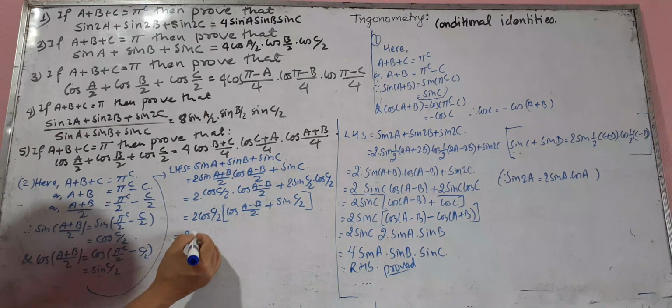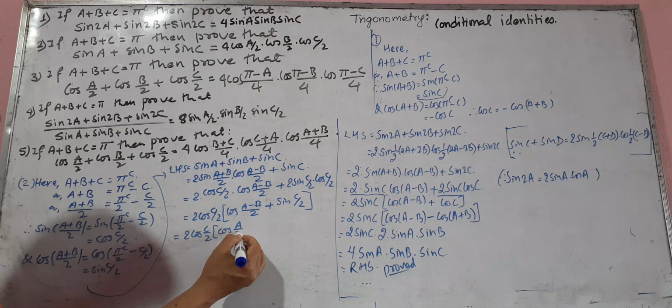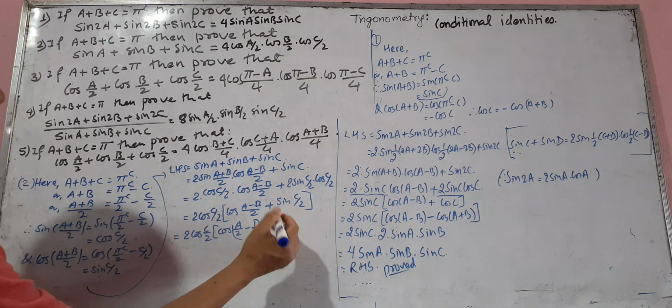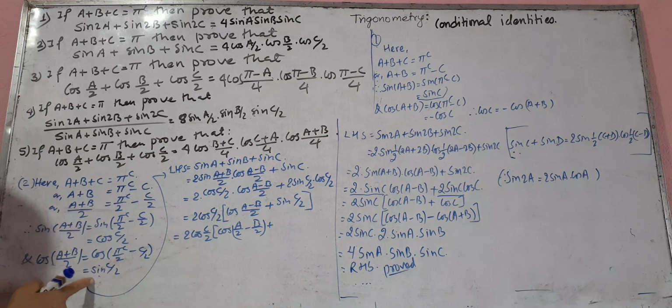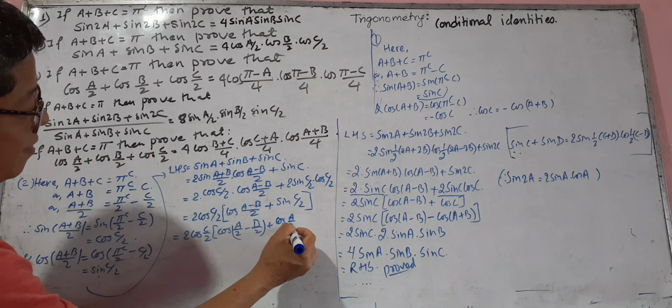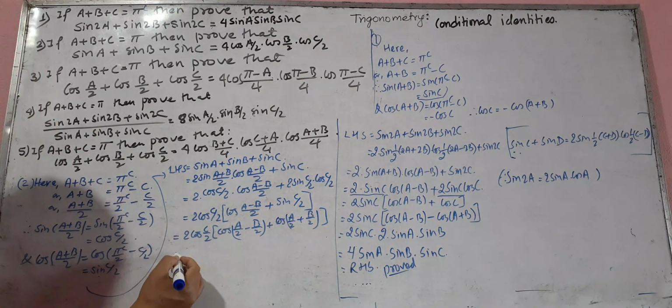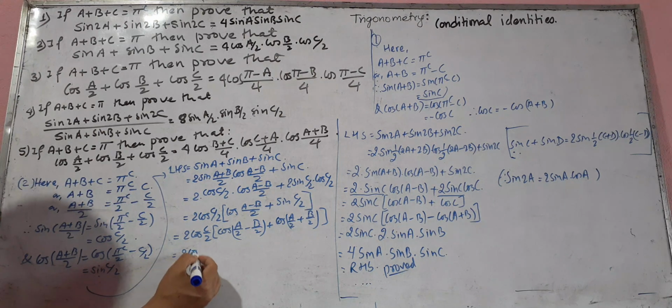Okay, so 2 cos C by 2. Now we break this up: sin C by 2 is cos (A plus B) by 2, that is cos of A by 2 plus B by 2. Okay, so 2 cos C by 2.